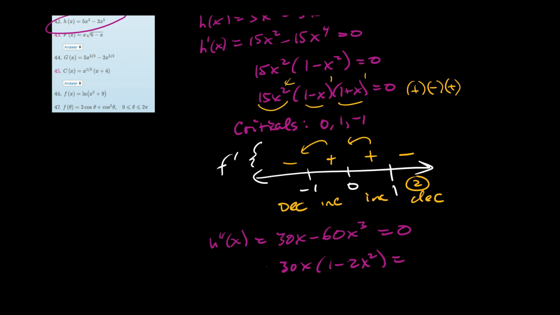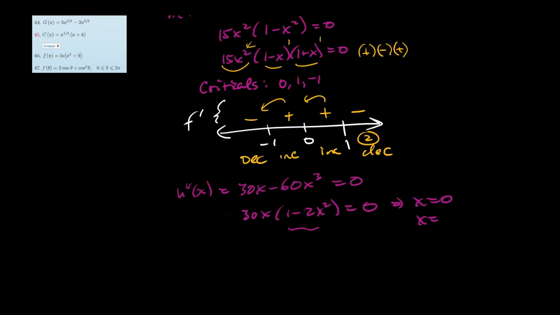Is that right? Yeah, that's right. So this is equal to 0, and so this happens at x equals 0, and when we take this and set it to 0, we get 1 equals 2x squared, 1/2 equals x squared. This would be at x equals plus or minus √2/2, or 1/√2.